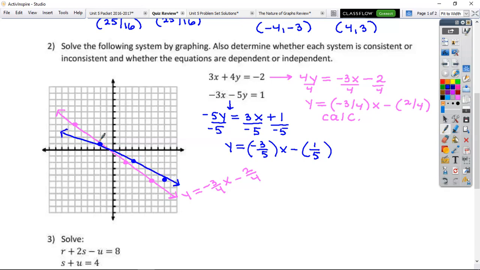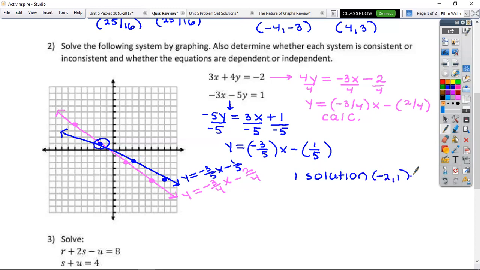We're going to classify our system. So this one is y is equal to -3/5 x minus 1/5. So we're going to state one solution located at the ordered pair, -2, +4.